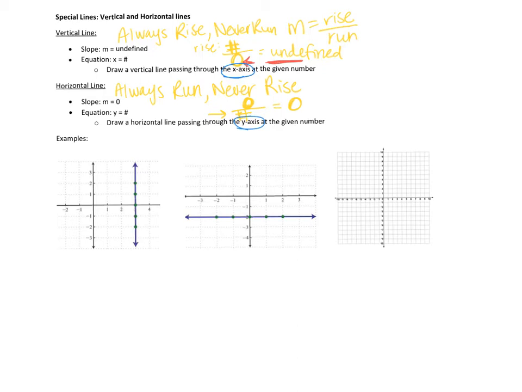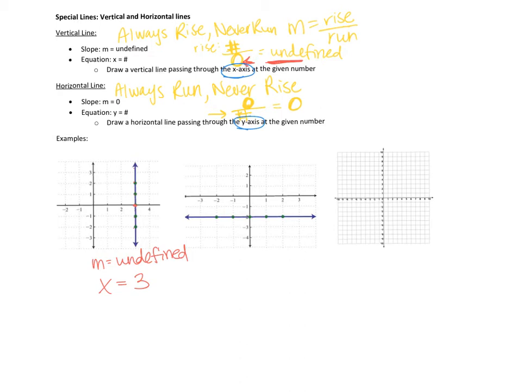Okay, so in this first example here, I see a vertical line. I cannot come up with a slope because it's going to be undefined. I'm always going to be rising, no running, so my slope is going to be undefined. There's not going to be a number for it. So my equation is going to be, I'm crossing the x-axis at 3. So all I need to do is say what axis am I crossing and at what number.